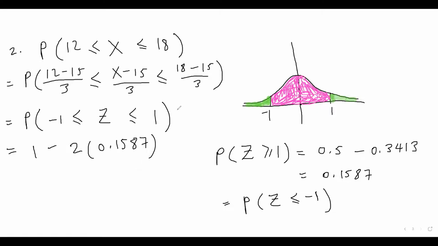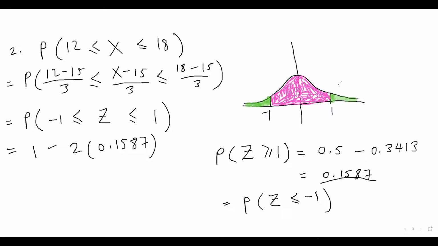And we say 2 times because we add them. We add the area on the left shaded in green and the area on the right shaded in green. When we add the 2, we get 2 times this one here because of symmetry.